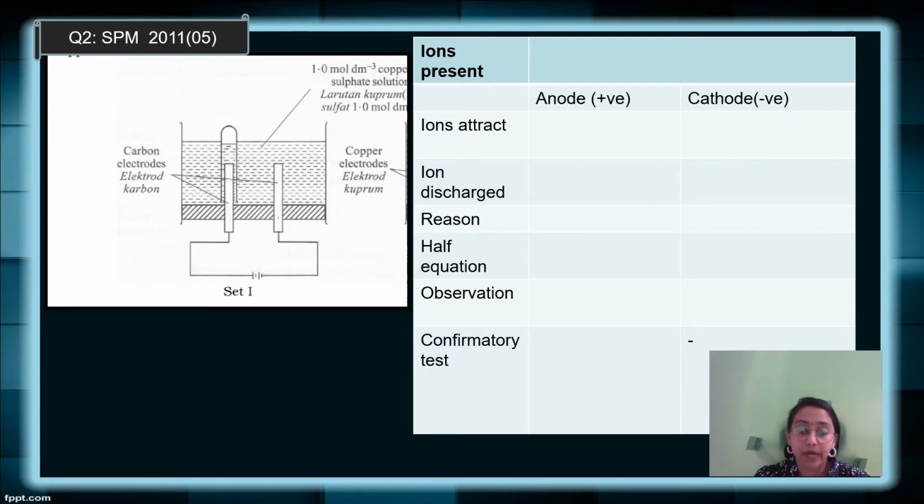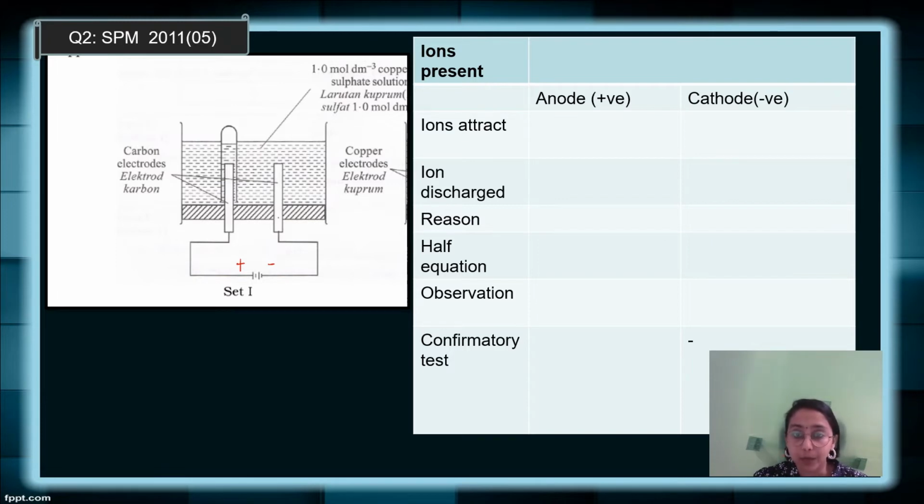What I recommend you all do is, please do an analysis of the diagram first. Make sure you understand the diagram. So you can construct a table like this. This is what I always propose to my students, so that you will get a clear picture about what really happens in the setup. First thing, students, when you get this type of setup, go and identify the terminals, the positive and the negative terminals.